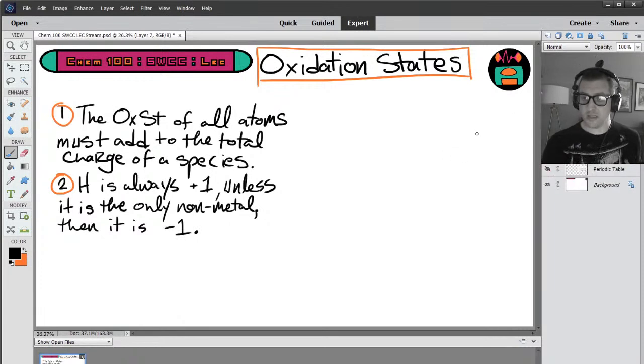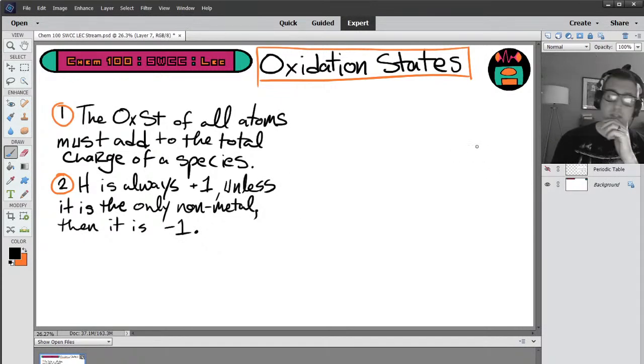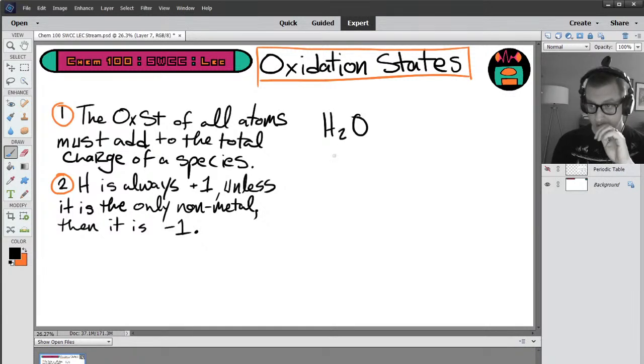Let's do some examples where we assign oxidation states. Okay, so let's look at, for example, water, H2O. Let's assign the oxidation state for every element in water.